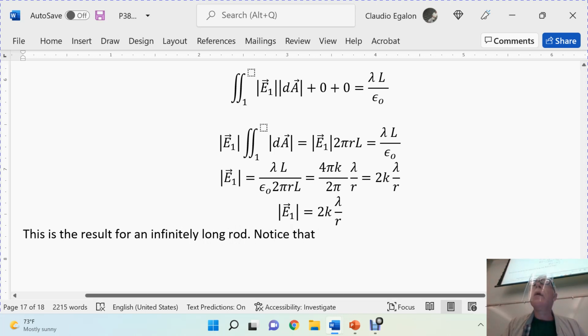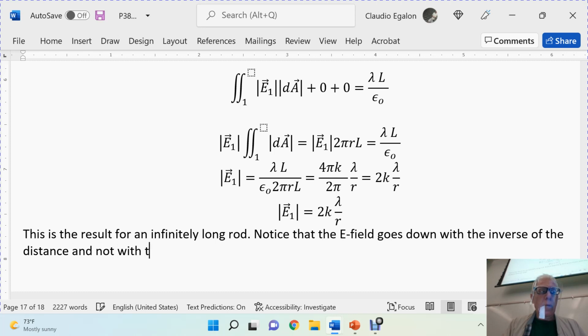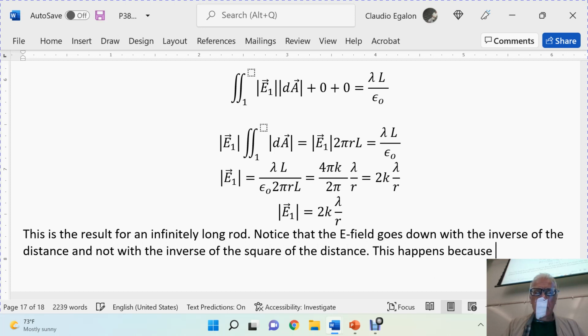Note that the E field goes down with the inverse of the distance and not with the inverse of the square of the distance. Why is that? Well, this happens because we are dealing with an infinitely long rod.